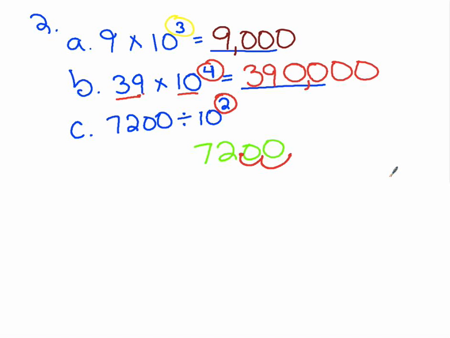How many numbers are now above my upside down arches? I have 2 numbers above my upside down arches, right? Does that match 10 to the power of 2 or 10 to the second power? Yes. So the answer for 7,200 divided by 10 to the second power is, what do you think? 72. Do you need to just add zeros after the decimal? I mean, you can add as many zeros as you want, but the number is 72.